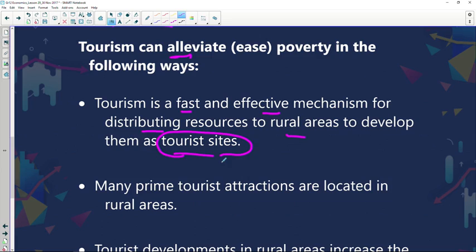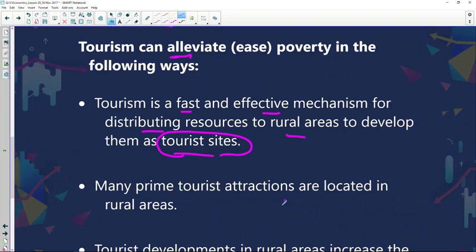So there are opportunities in the rural communities because other people just want to be away from the city. They want to go into a quiet area and enjoy themselves there. So there's an opportunity to actually distribute resources to the rural areas in order to develop them so that they also become tourist sites.